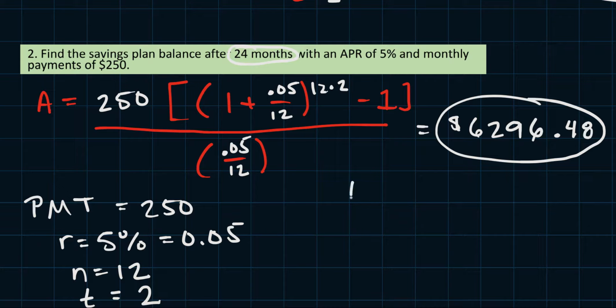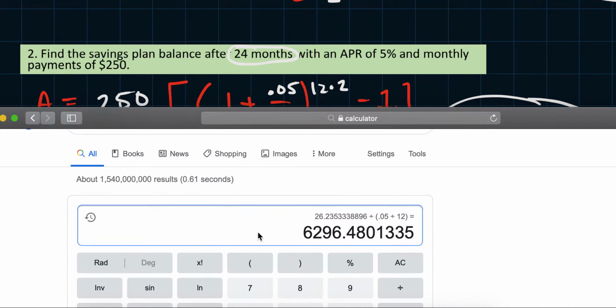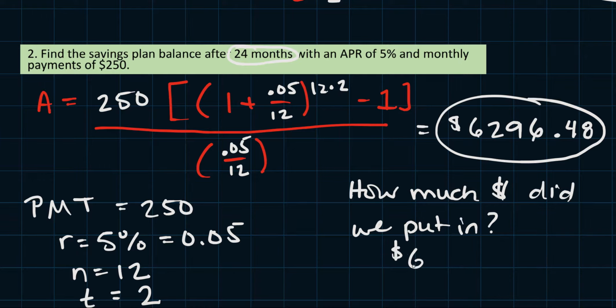How much money did we put in? Well, let's see. We put $250 every month for 12 months, and we did this for 2 years, $6,000. So we earned $296.